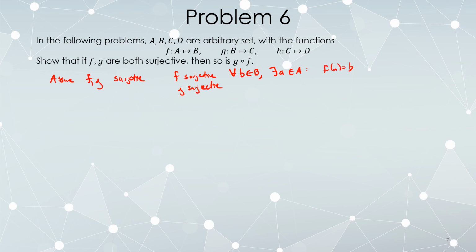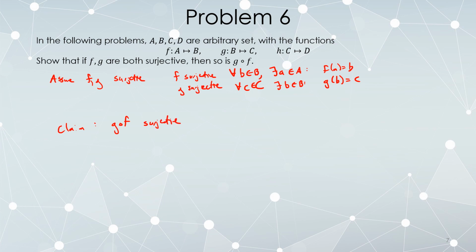Similarly, the definition of g being surjective, well, it has codomain C. So for everything in that set, there must exist something from its domain so that g of B is equal to C. What we're claiming, in other words, asserting, is that g composed with f is surjective.